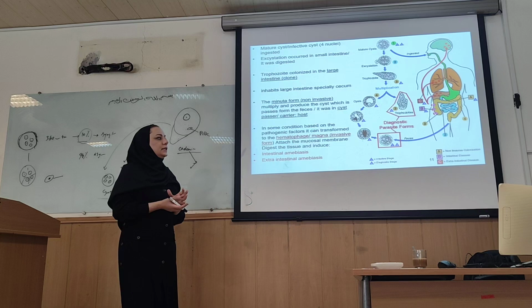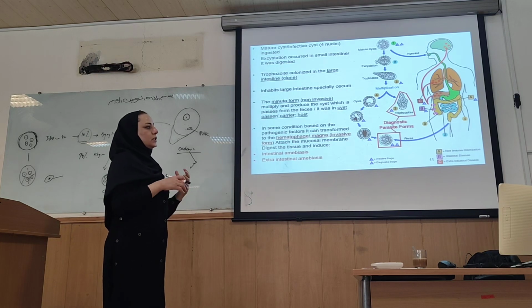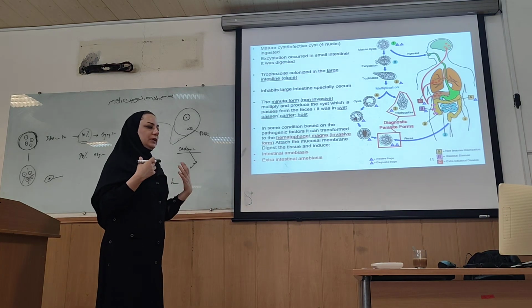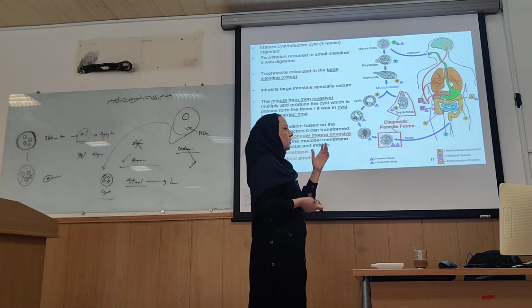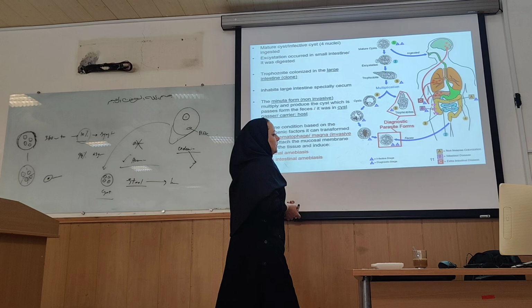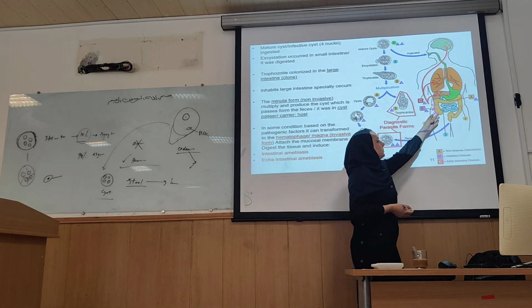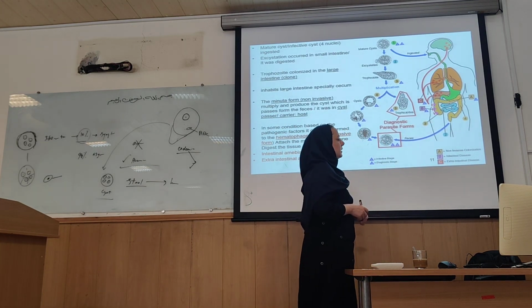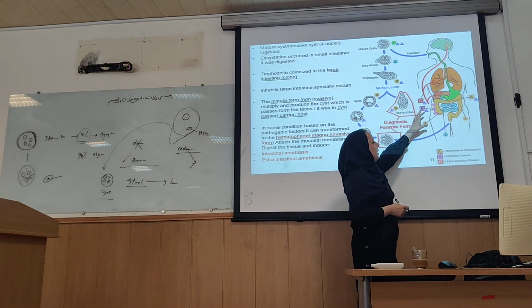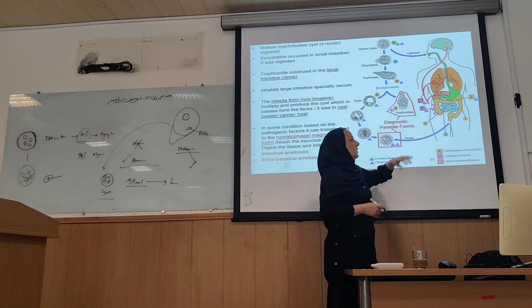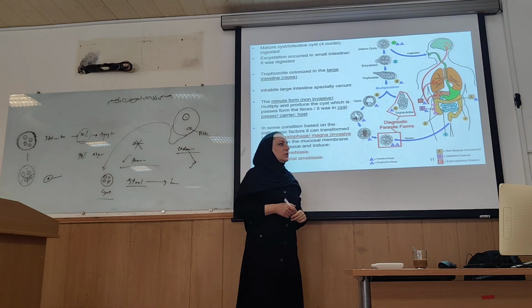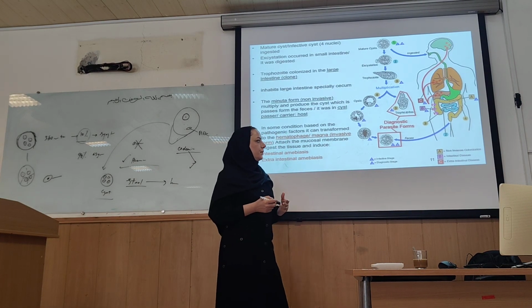So the main place that they colonize, multiply, or produce the symptoms is the large intestine. Most of the time the best place for them is the beginning of the large intestine, the cecum that we taught earlier.